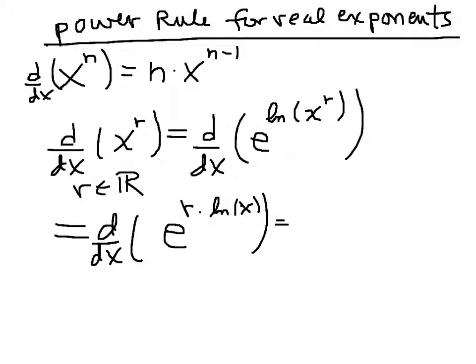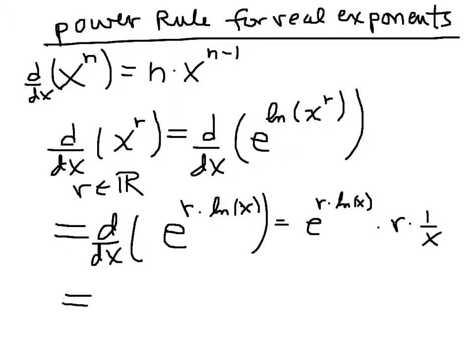Now, r is a constant, so when we take the derivative of this, we'll keep that in mind. And the derivative of e to a power is just going to be e to the power times the derivative of the power, which is going to be r times 1 over x.